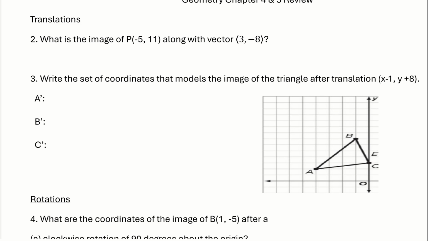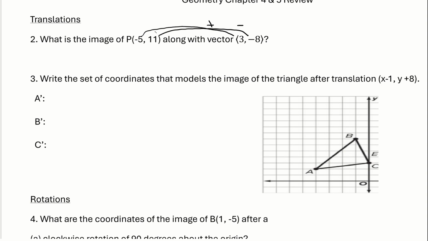It says +3 and -8. So that means you're going to move to the right 3, move down 8. So you're just going to add 3 to the x coordinate and then subtract 8 from the y coordinate. So I'm just going to add that and then you're going to subtract.